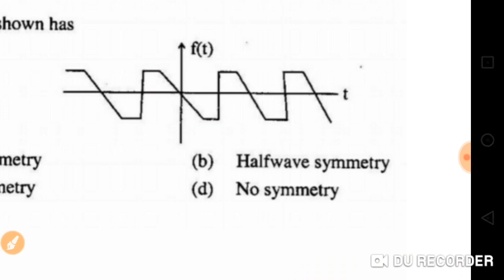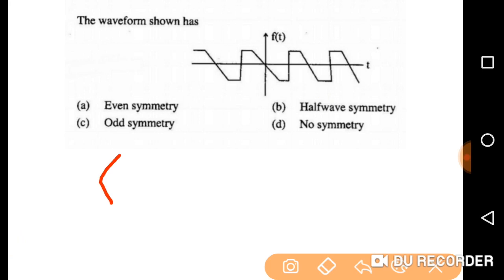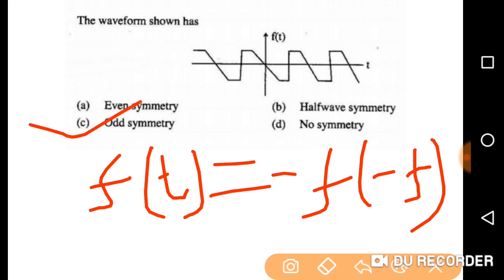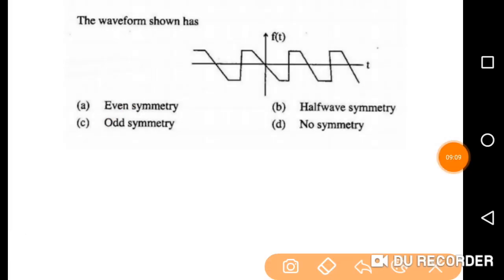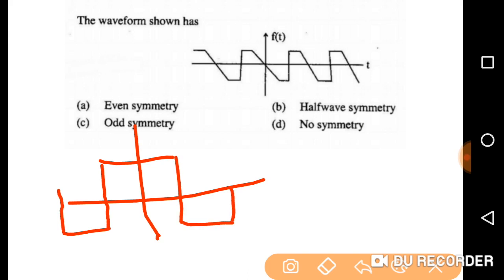So we can clearly say that in this signal f of t equals minus f of minus t. So this is odd symmetry, not even symmetry. Okay, so option C is the correct answer. If the signal was like this, suppose the signal was like this kind of signal, that would be even symmetry.